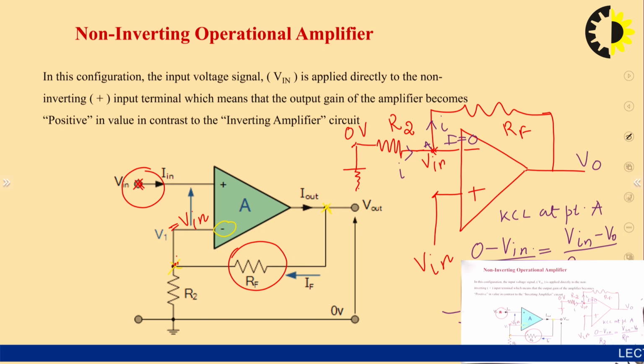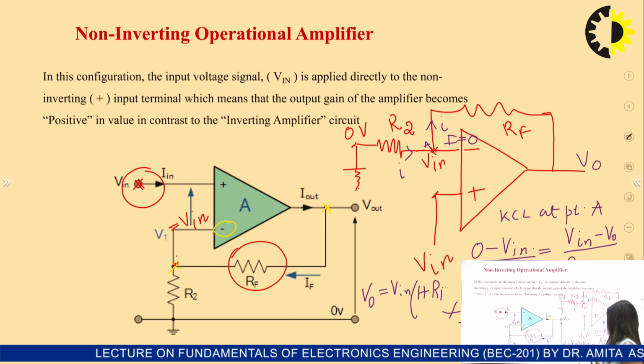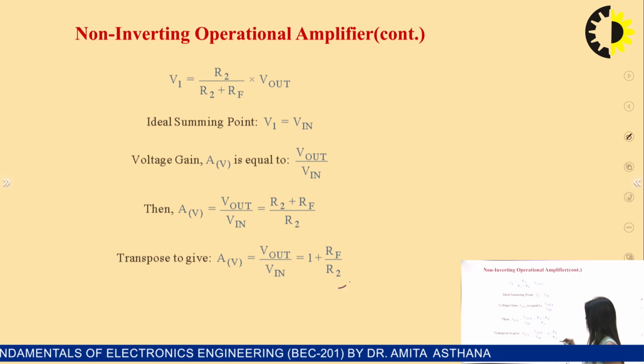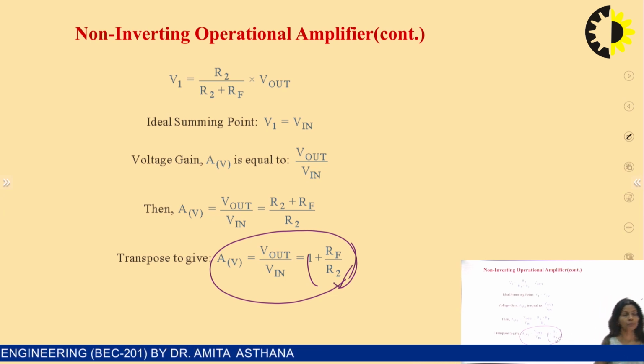Okay, so the minus sign will cancel, and what we get is VO is equal to V in into 1 plus RF upon R2. This is my output: V out is equal to 1 plus RF upon R2 into V in.